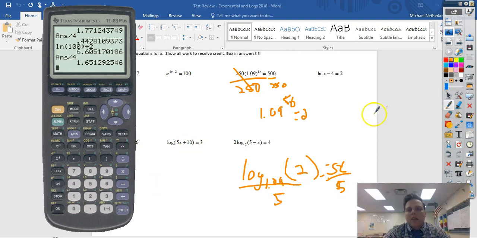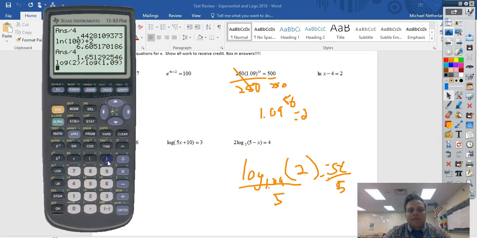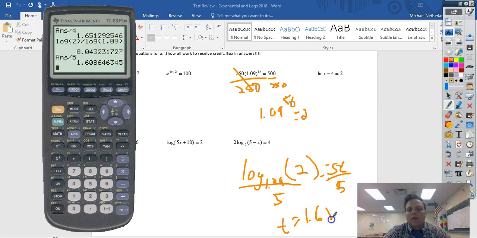You guys would hit math, scroll up to log base and make that magic happen. I don't have that ability, so I have to use the change of base formula. It's just kind of a pain. And then I divide this by 5, and I get 1.61. So t is approximately 1.61.